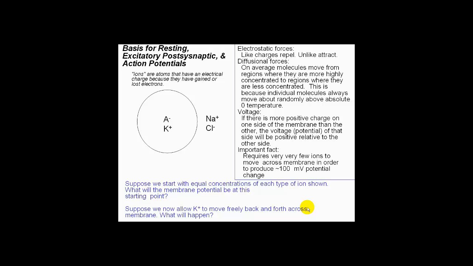But the last thing I wanted to do, although it probably won't bear very much on anything else in the course, but I still want you to know something about it, is how these resting potentials and action potentials and so on are generated. A little bit about what's going on there, because it's not magic, it's very, very well understood. And so I just want to give you a little bit of an introduction to that, and that's what we started at the end last time.